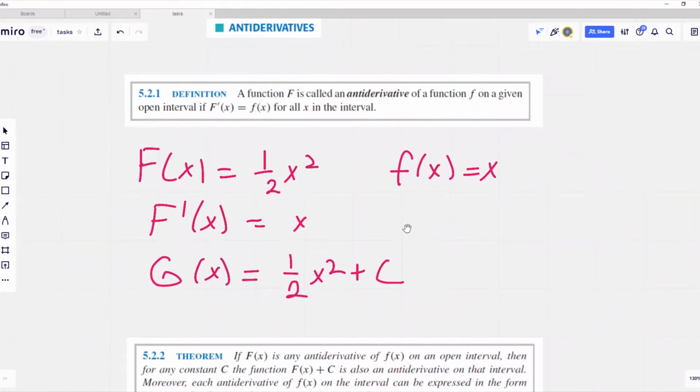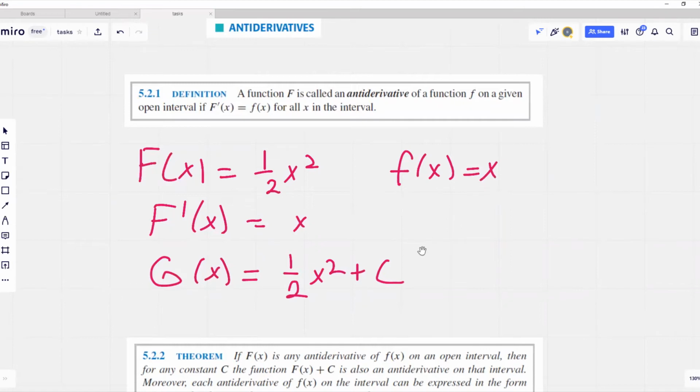For instance, if you found one particular antiderivative, 1/2 x squared, then you can find others by adding constants: 1/2 x squared plus 2, plus 5, and so on. All these are going to be antiderivatives of your function x.